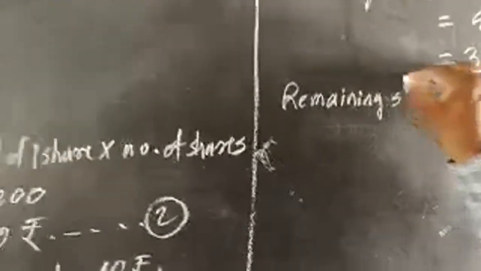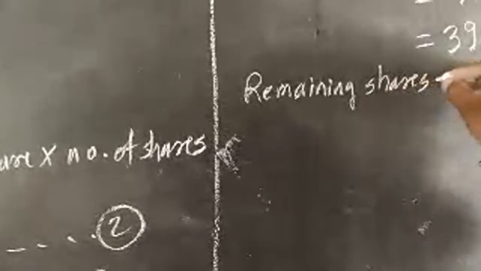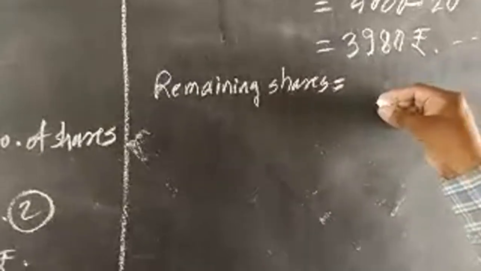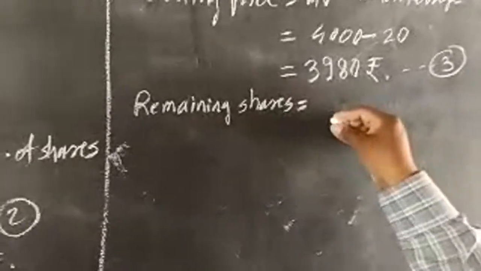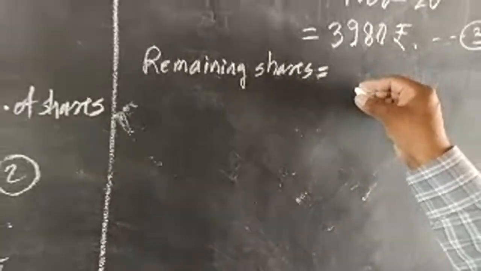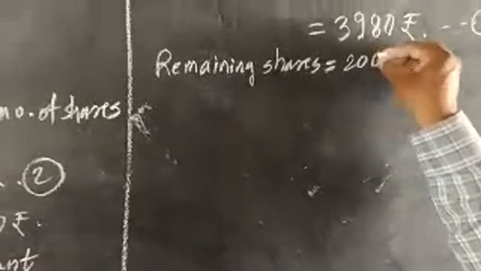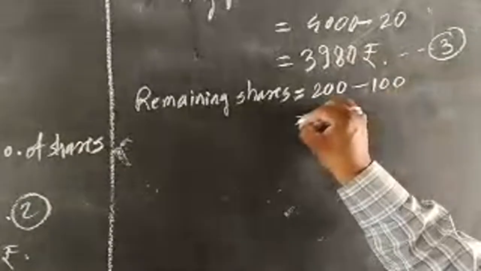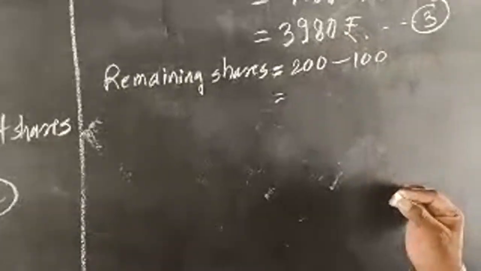Then we write here remaining shares is equal to 200 minus 100. That thinking is important.